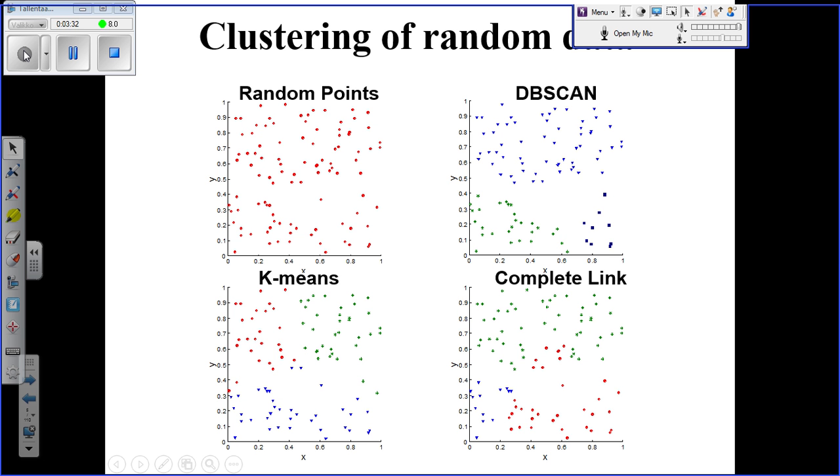Basically, I don't have much material on this and I don't really know how we should deal with it. But if you have random data, or just some data with whatever distribution but there are no clusters, our first task is to see whether there are any clusters. Only after that can we start to ask how many clusters.